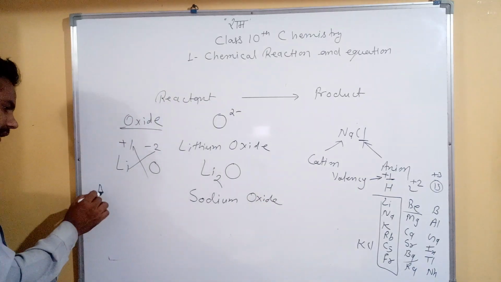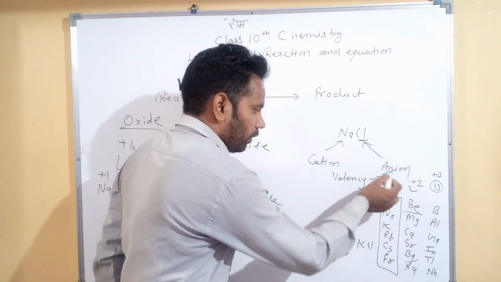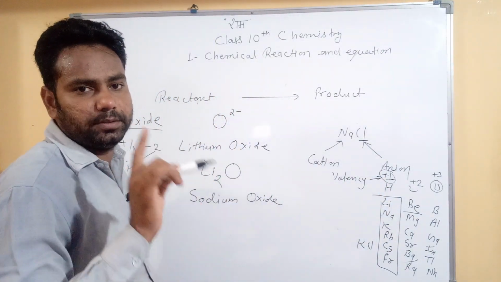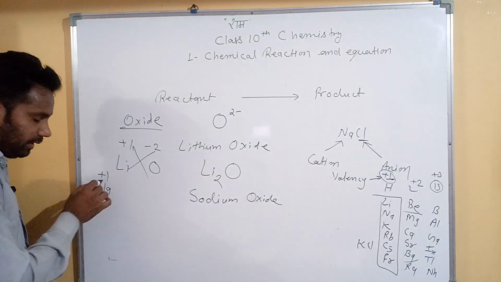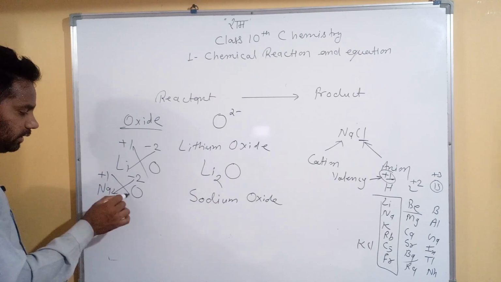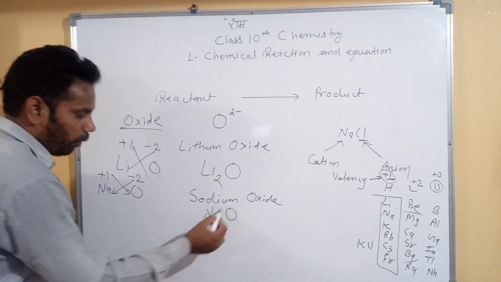Na's valence is +1. How do I know the valency? I already made it clear: if any element is present in the first group, its valency is +1. So Na +1 and oxygen -2, cross multiply to each other, and the formula of sodium oxide is Na2O.